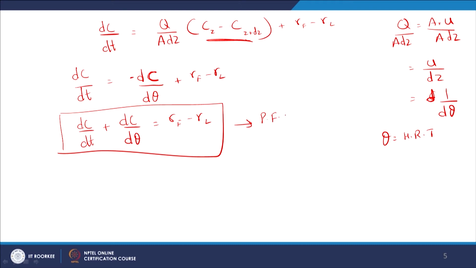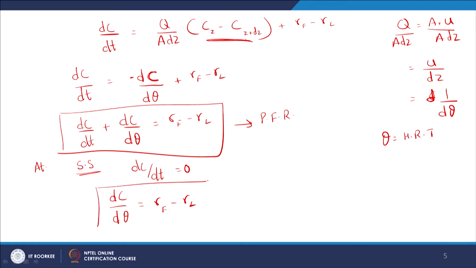plug flow reactor, right. So, at steady state, what is steady state? I guess there is no change in any variable with time. So, at steady state dc by dt will be equal to 0. So, now I will end up with dc by d theta is equal to rate of formation minus rate of loss of the particular compound, right. So, that is what I have here, yes.